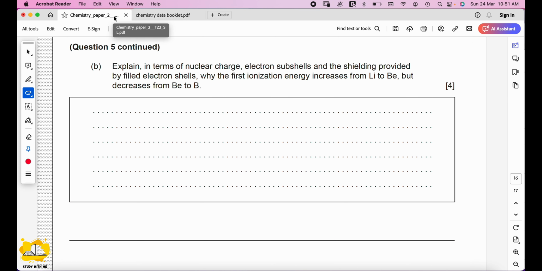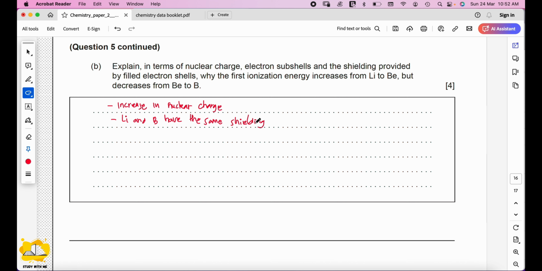So before you answer the question, we need to divide it by 2. Why from Li to Be? Why from Be to B? So from Li to Be, there is an increase in nuclear charge, and Li and Be have the same shielding.